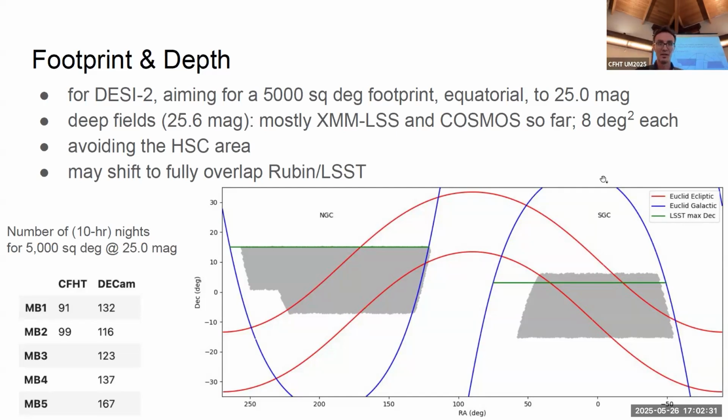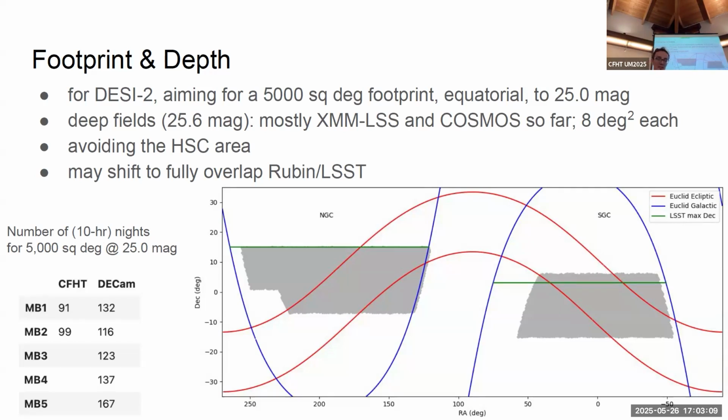And the depth we're shooting for in each of these filters is 25th mag. And then the big number is the time prediction that we'll need. Using 10-hour nights, we predict roughly about 100 nights for these filters with CFHT. So with the 5-hour per night math that you seem to use, we're looking in the ballpark of nearly 400 nights.